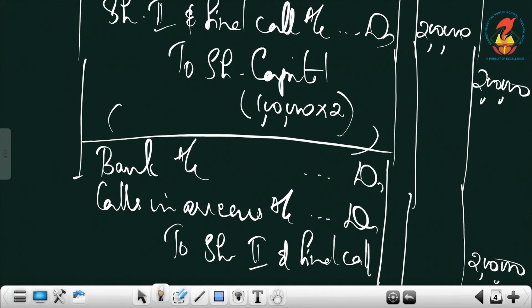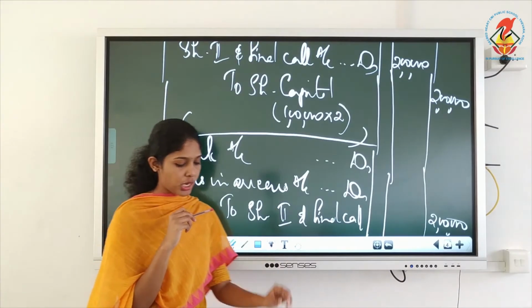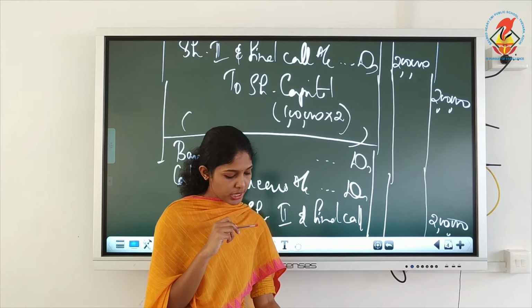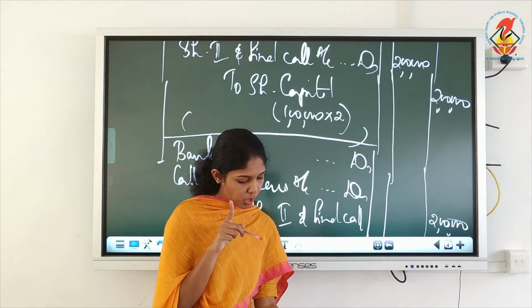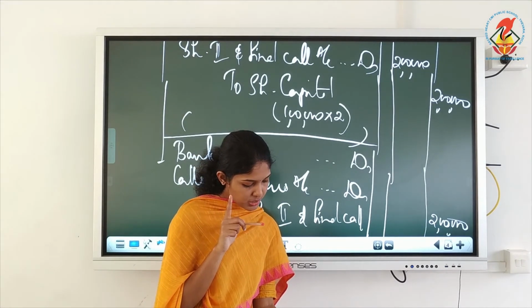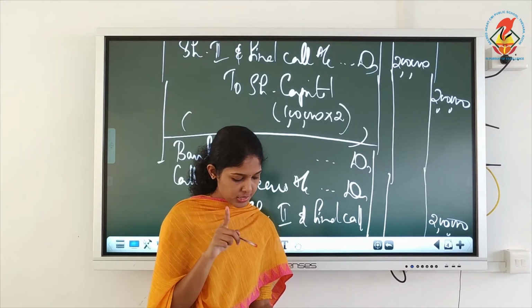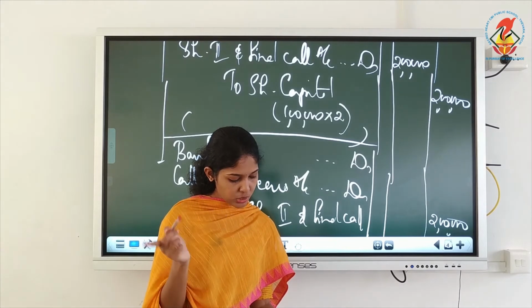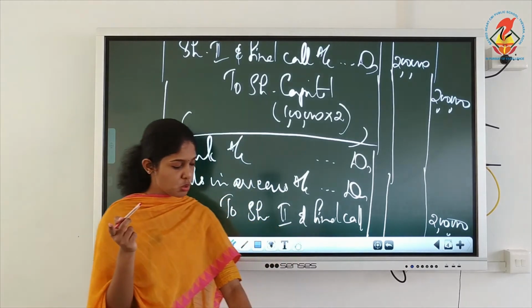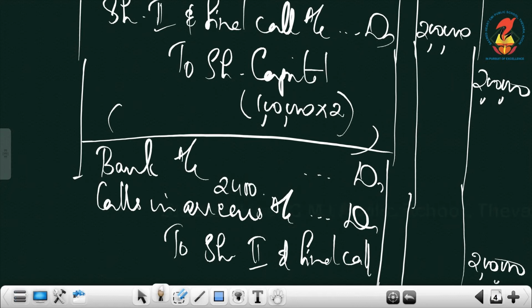And calls in arrears at the time of second call. Look into the company's individual calculation. Rishabh also failed to pay, isn't it? Just see Rishabh's calculation there. Yes, Rishabh failed to pay 2,400. That is second call money. And Sudha failed to pay 1,600. So 2,400 plus 1,600, that is calls in arrears.